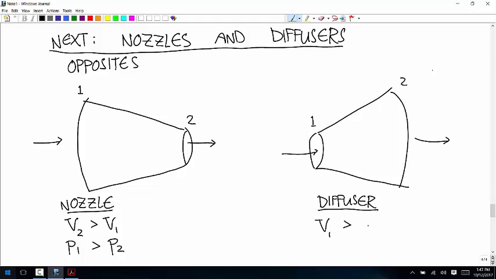V1 is greater than V2, and P2 is greater than P1. Increasing the speed decreases the pressure, so those are always reversed. And if you remember that the pressure is always opposite the speed, then it's easy to remember where the speed is higher or lower on these two. Okay, so we'll do that next time. That's it.